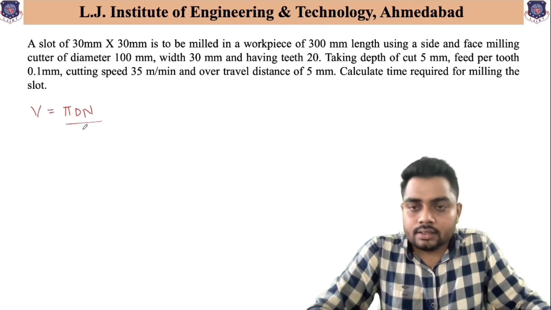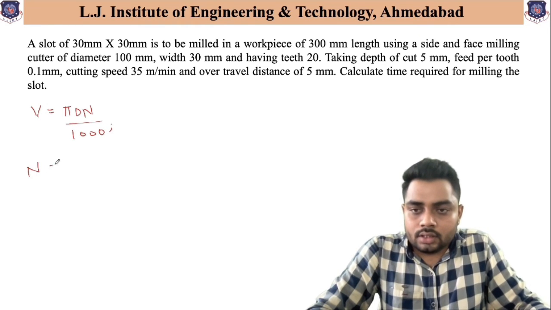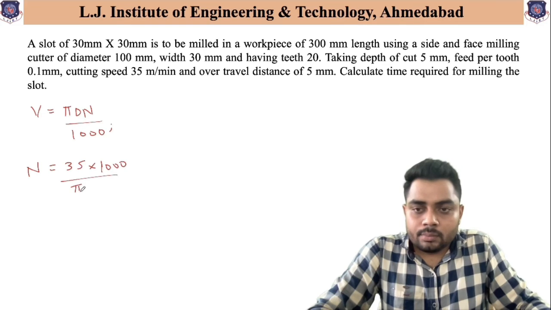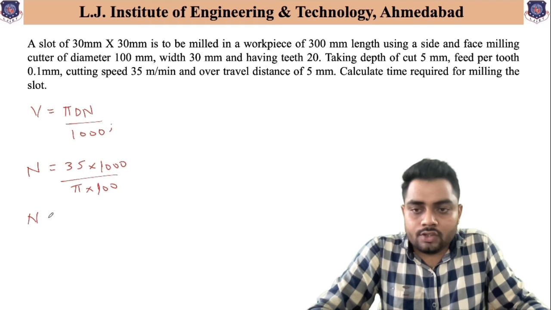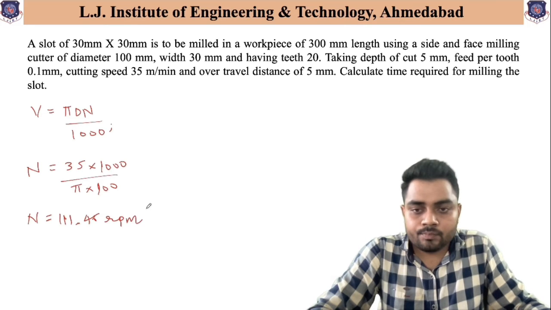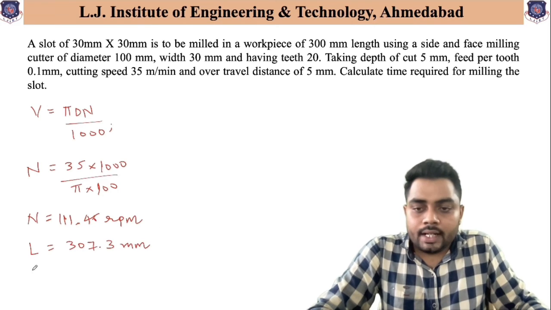N equals the velocity given, 35, multiplied by 1000, divided by pi into diameter 100. The value of N we get is 111.46 RPM.